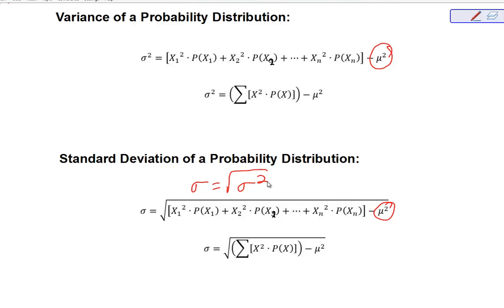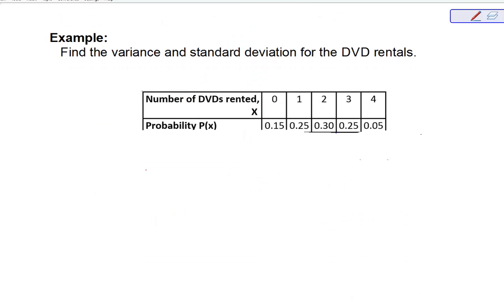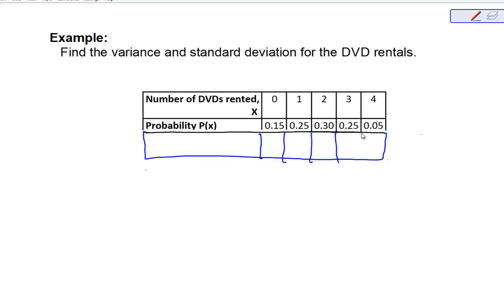So let's look at our example with DVD rentals. We want to find the variance and the standard deviation. Usually whenever I start with a problem like this, I have my table and I add on one row for helping find the mean. That is my x times my probability of x. And whenever I add all those up, that's going to equal my mean.